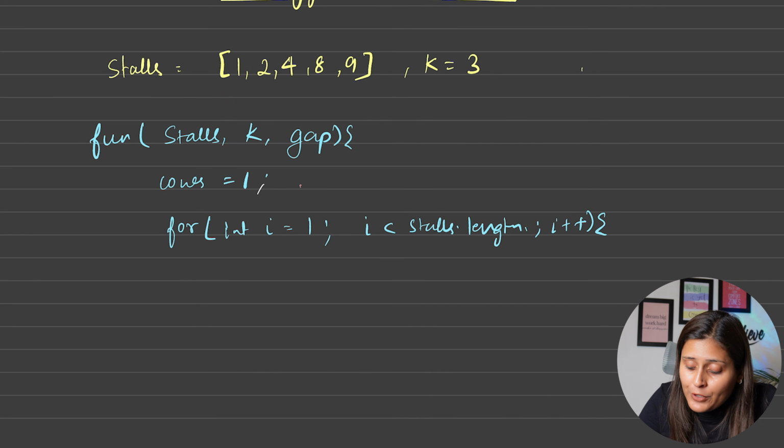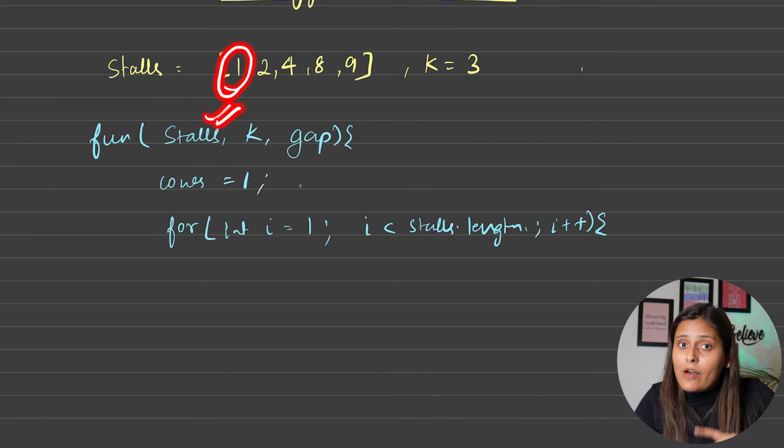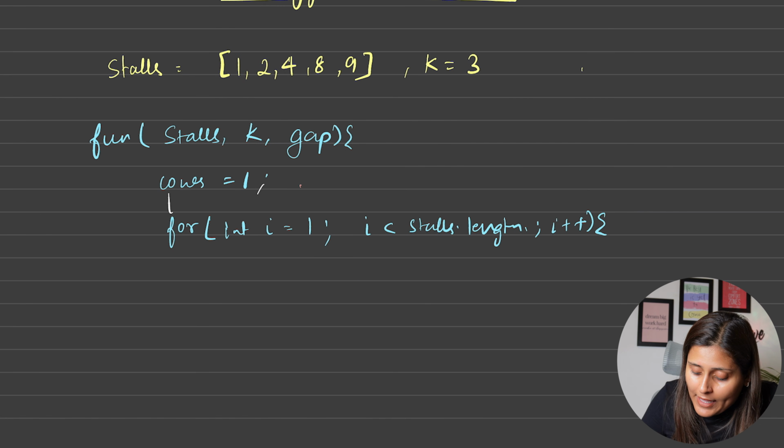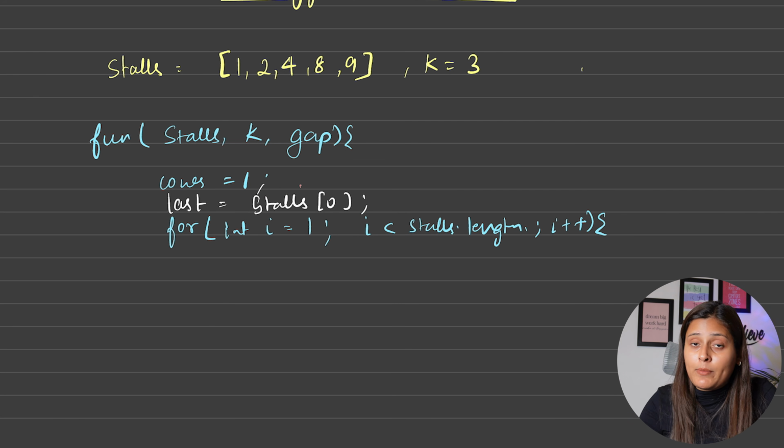So for that we have to keep track of our previous cow location. We will save that in a variable, let's say last, and in this we will say stalls of 0. So that position will be my previous position of the cow. Now I would like to start with 1, so how to check the current one?